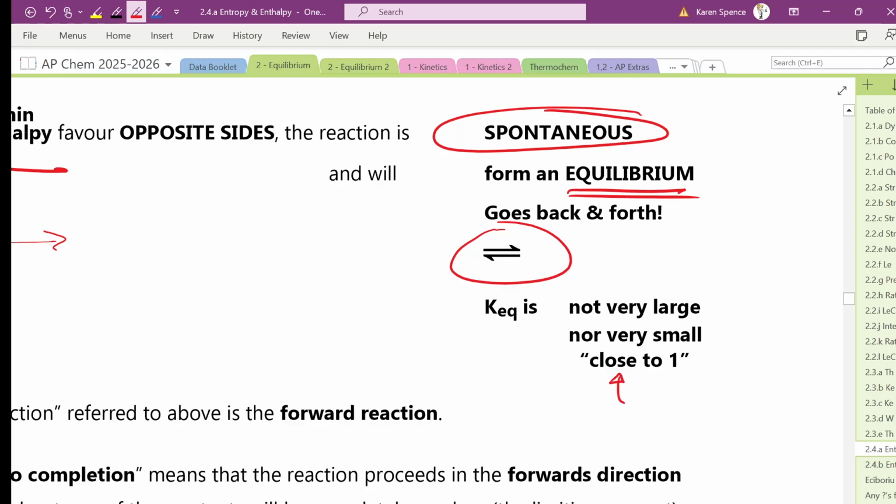Now close to 1 just means it has a value that's not like infinity. You can have KEQs that are times 10 to the negative 41, and that's still close to 1. It just means that it doesn't sit completely one way or the other.